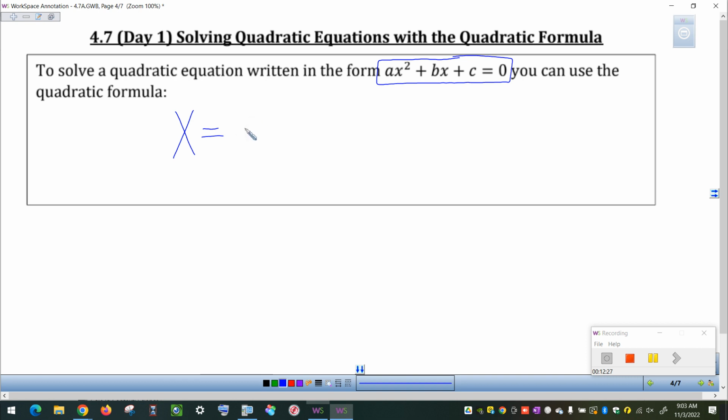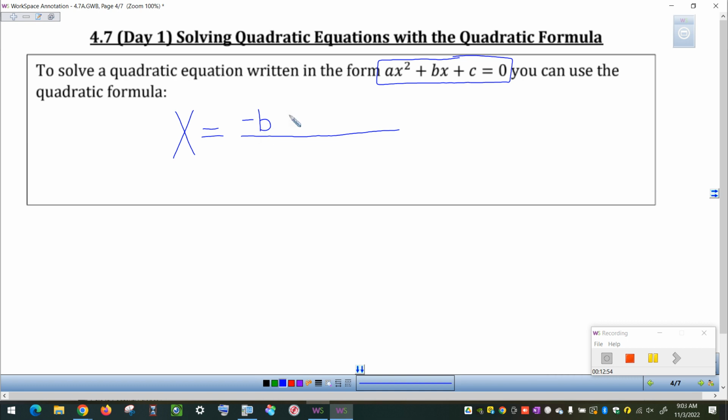And this is going to look like a big fraction. And so I'm going to draw a big, long fraction bar, and we're going to start to fill in just the numerator part. So on the numerator, it's going to be negative b, whatever the b value is going to go behind a negative sign.